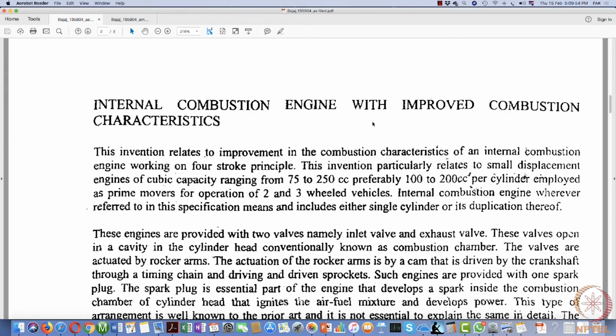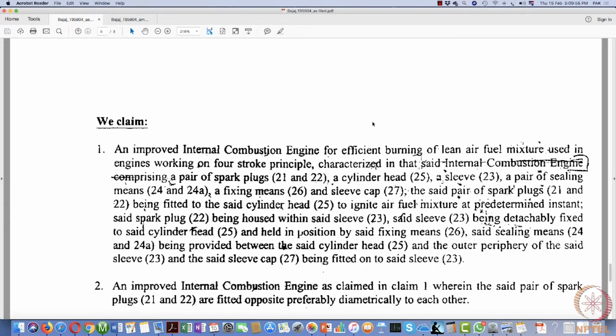Now this is the specification, and it ends with a claim. We have already analyzed this claim, so I will just quickly take you through the relevant part which introduces the amendment.